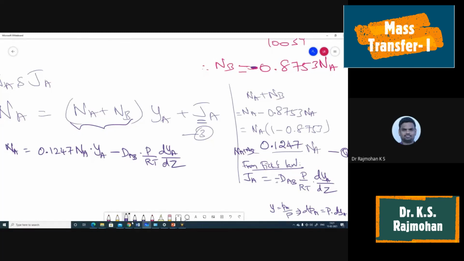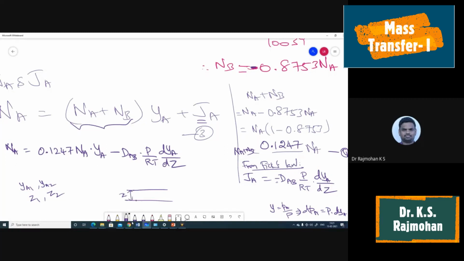What we have to do? We have to do the integration between CA1, CA2 and Z1 and Z2. So integration limits across the layer. This is your Z value. Z2 minus Z1 is the thickness of the vapor film.